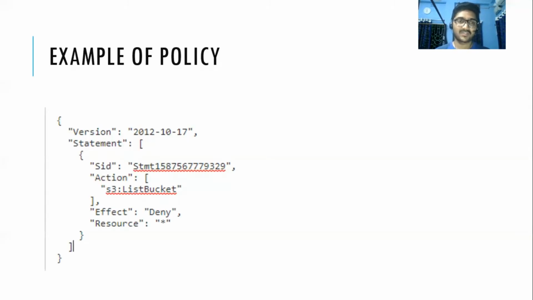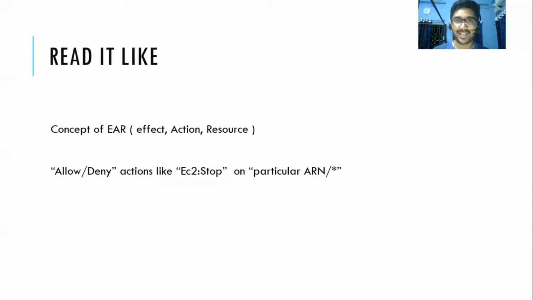Let's look at an example of a policy. The policy starts with version, then statement. Inside statement, we have statement ID, action, effect, and resource. Now I am going to show you a trick to easily comprehend what this policy is trying to achieve. I have named this trick ER, effect, action, and resource. When you try to comprehend a policy, first look at the effect, then action, then resource.